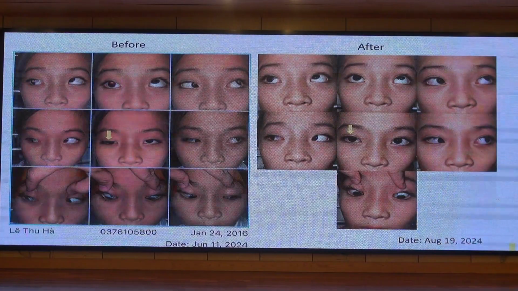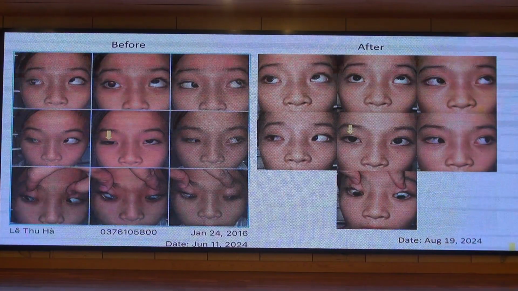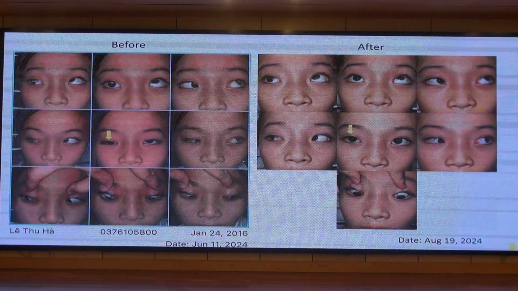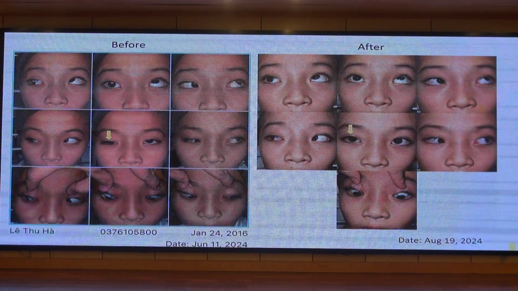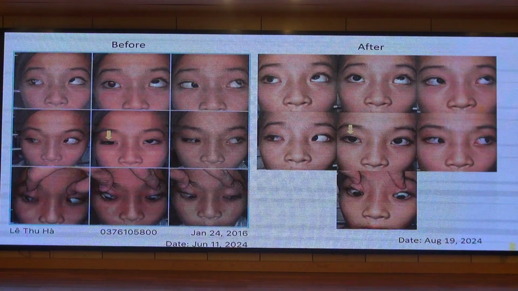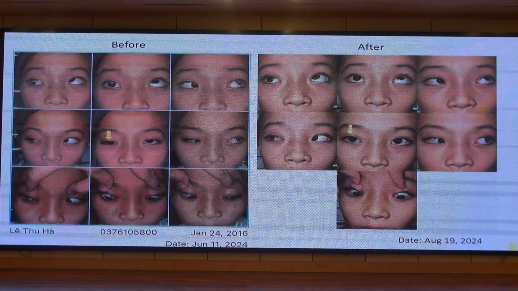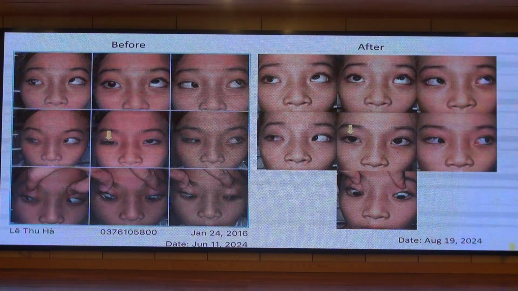In our department, this year we have about more than 10 patients with MRS, and the first choice of management is inferior rectus recession. Like this patient, we did the inferior rectus recession, and maybe she has a good result.